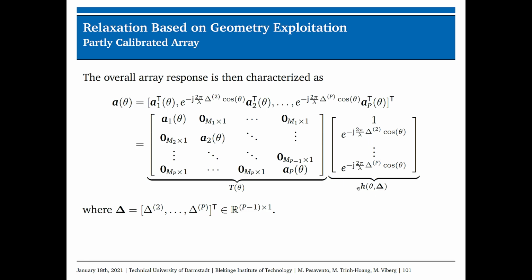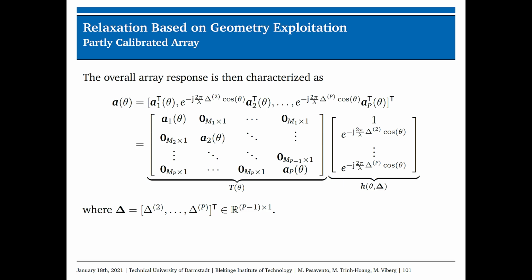This vector can be considered as a reference sensor steering vector, and it is denoted by h of theta, and it's also a function of the displacement delta. Vector delta contains the p-1 subarray displacements as defined over here, measured relative to the first subarray.